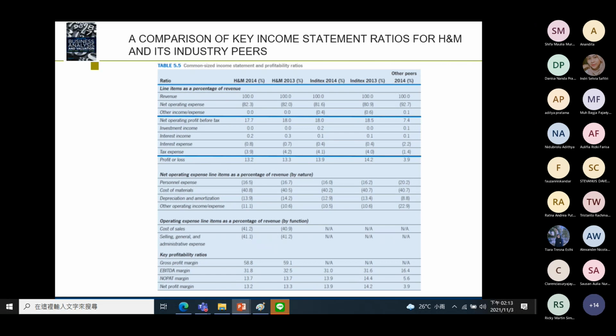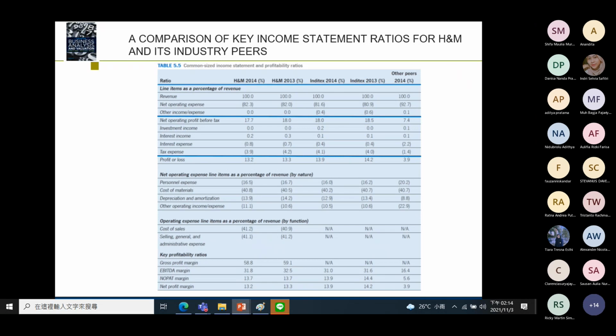H&M classified the expenses by function in the income statement and disclosed the classification by nature in the notes to the financial statements. In contrast, Inditex and some of the other peers classify their expenses by nature only.